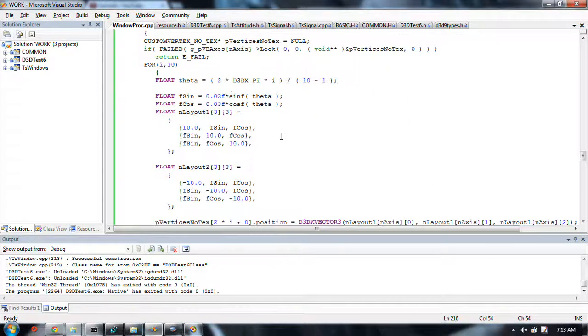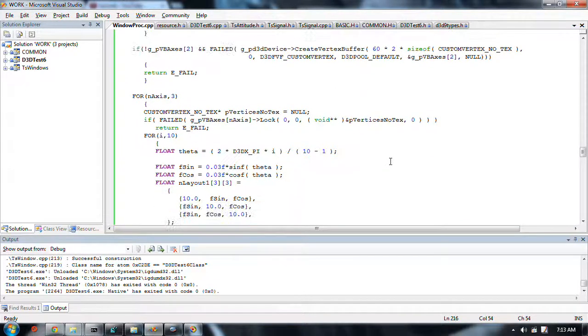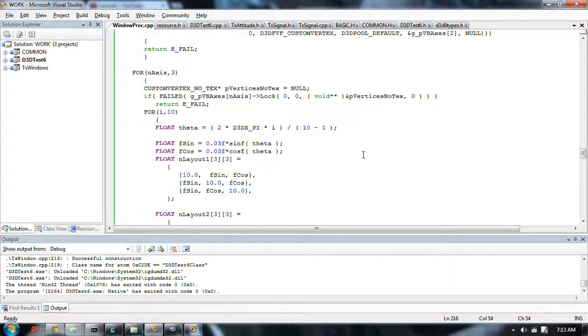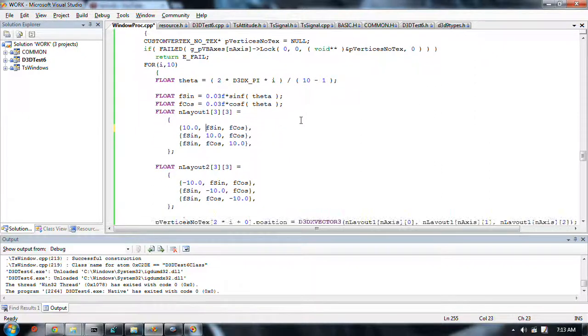So then I came up with, first I had to create a new type of vertex type. And what took forever was I finally realized, because I couldn't get them to paint right, that I needed to make a vertex buffer for every triangle strip. Okay, so I need 3. I need one for the x-axis, one for the y-axis, and one for the z-axis.